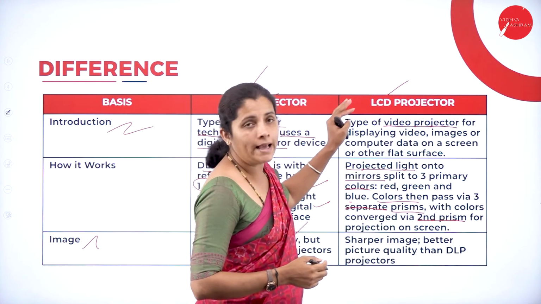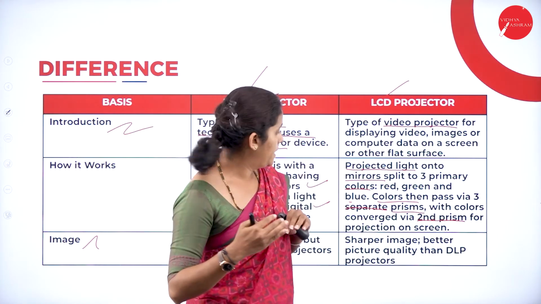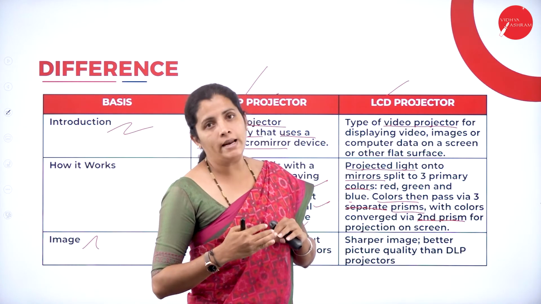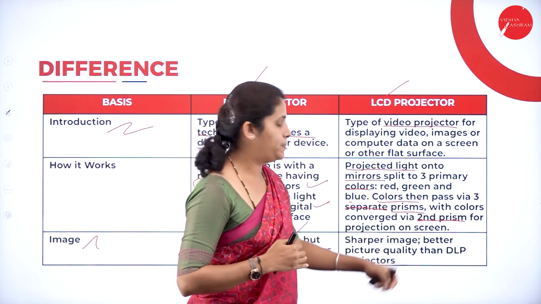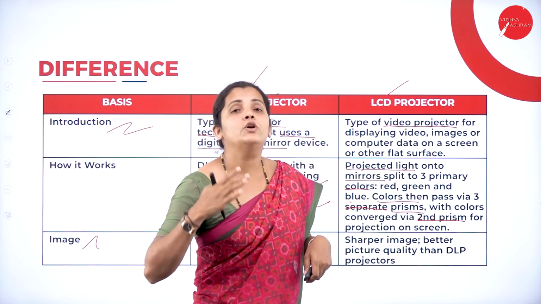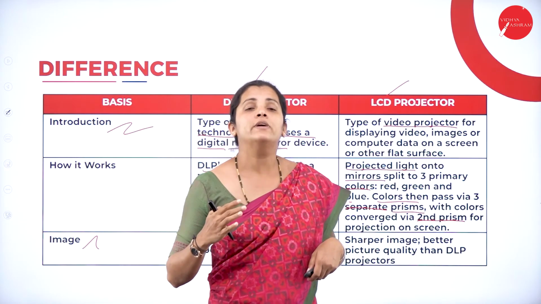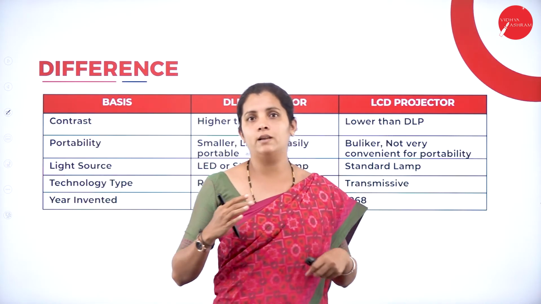Whereas LCD projector is going to give a sharper image, better picture quality than DLP. I repeat, your LCD projector is going to give a sharper image and better quality of image than DLP.